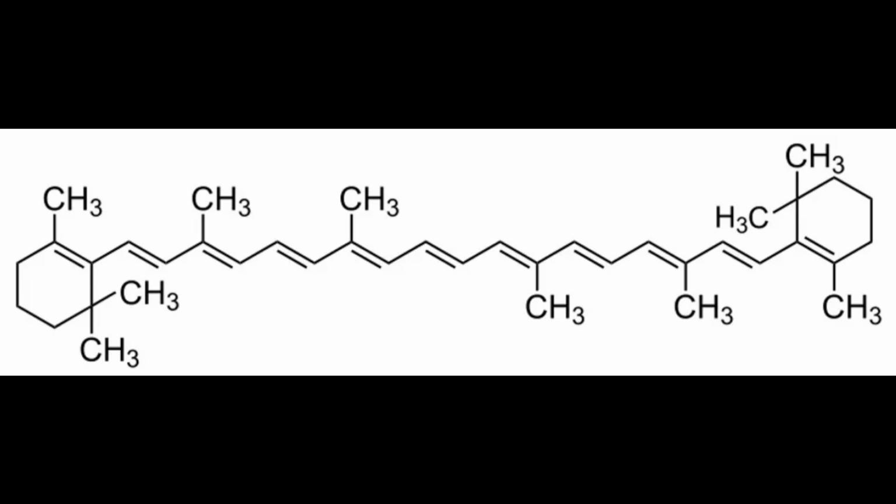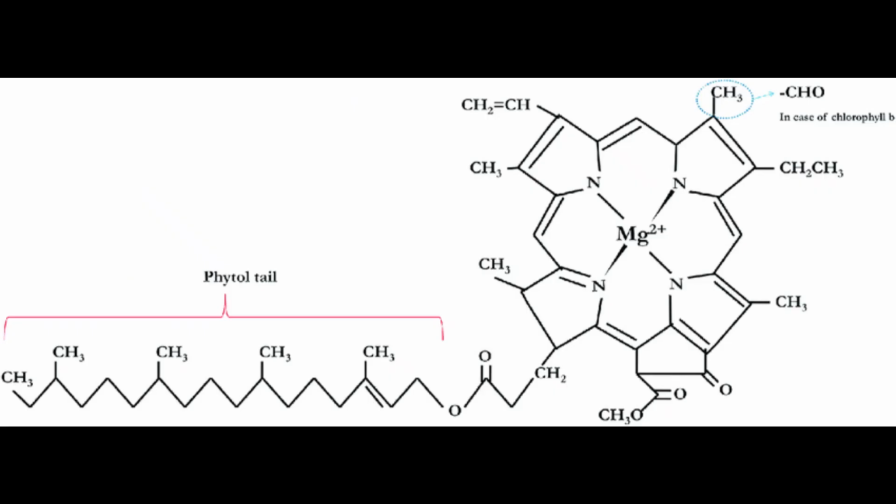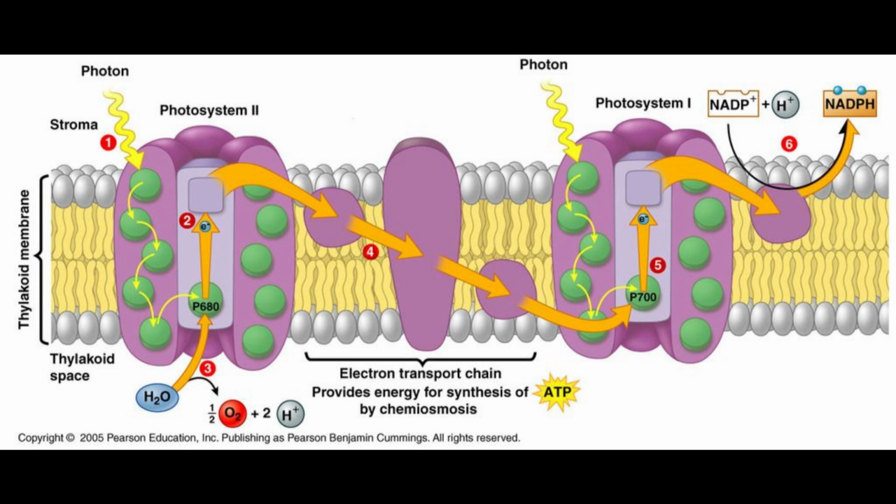Carotenoids are lipid compounds which act as antenna pigments, directing the photons which enter the photosystem toward the reaction center. Here, the light is absorbed by a chlorophyll, a porphyrin-based molecule with a magnesium ion in the center. This is where the electrons are excited or energized to be passed down the electron transport chain.